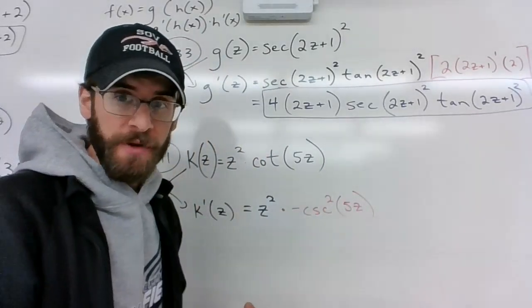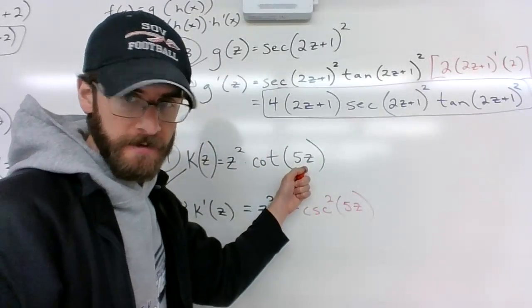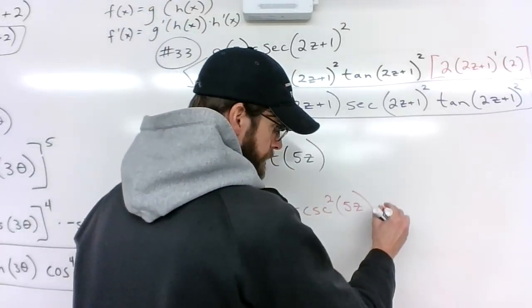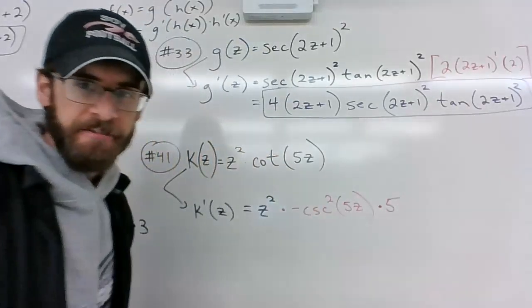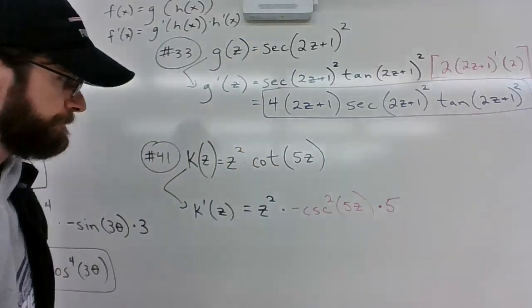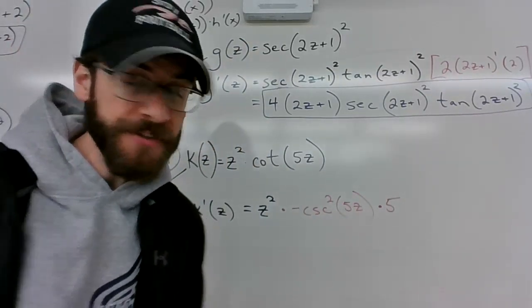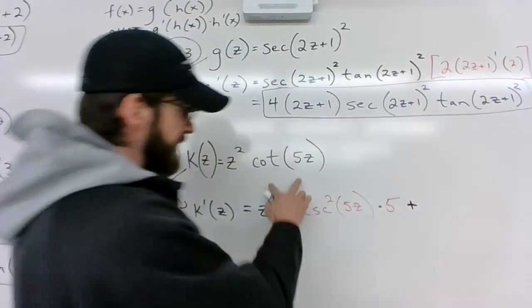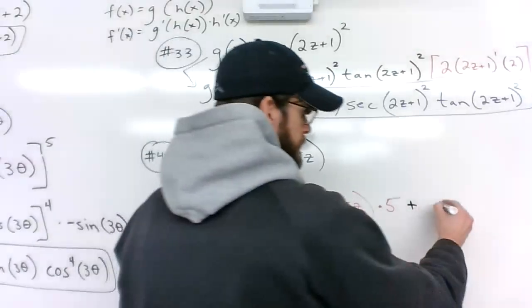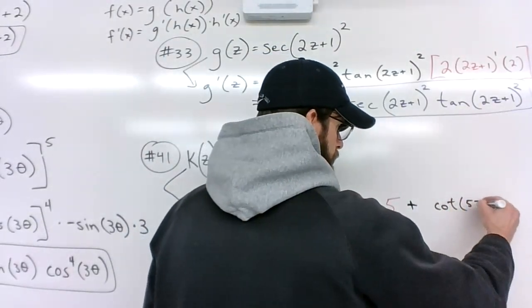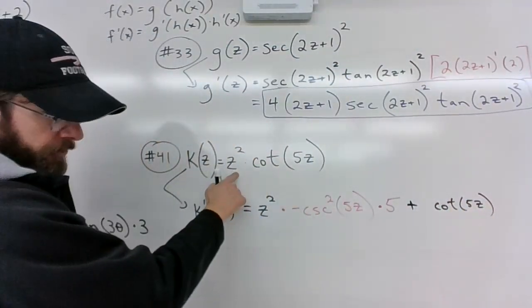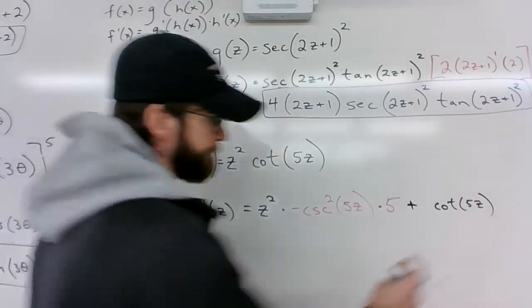And then now we take the derivative of 5z. That's just 5. Awesome. Plus the second function times the derivative of the first, 2z.